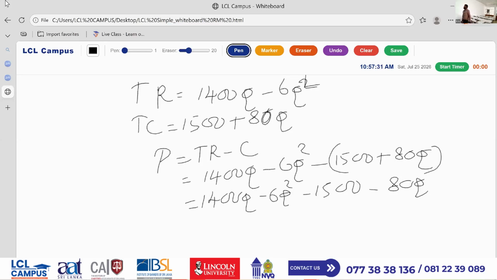Then 1400 minus 80 means 1320, no? 1320Q minus 6Q squared minus 1500. That is the profit function. Identify the profit function. Okay. Profit means revenue minus cost, no? Revenue given 1400Q minus 6Q squared. Cost is 1500 plus 80Q.